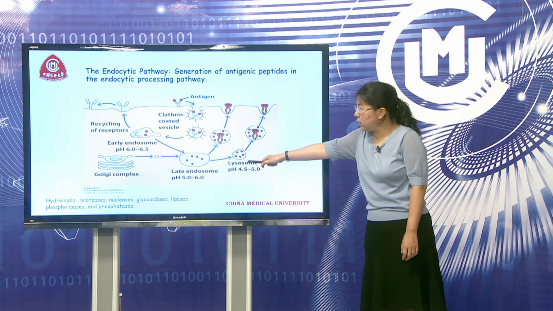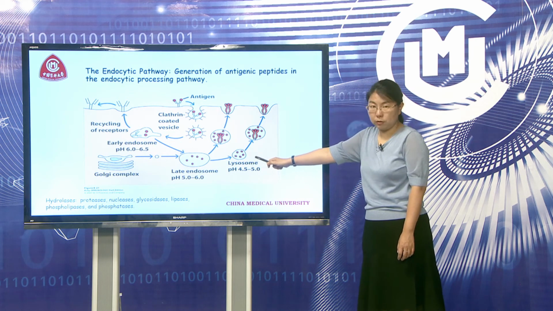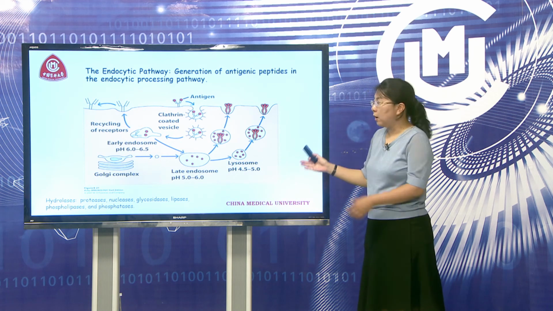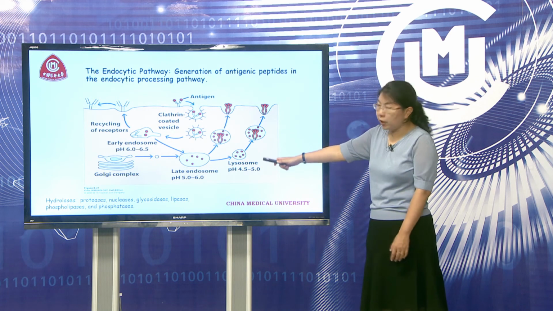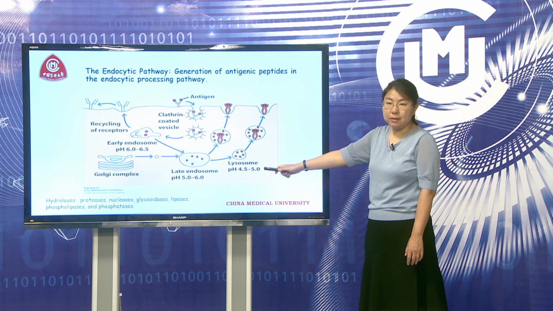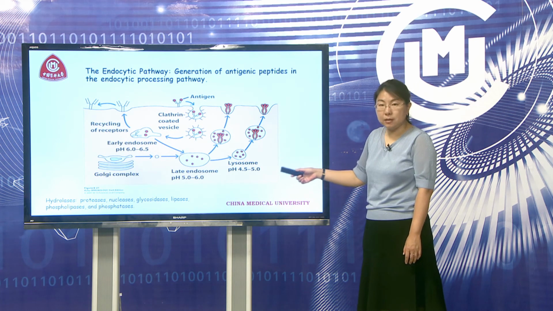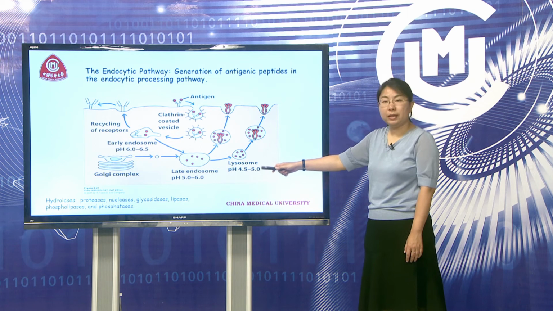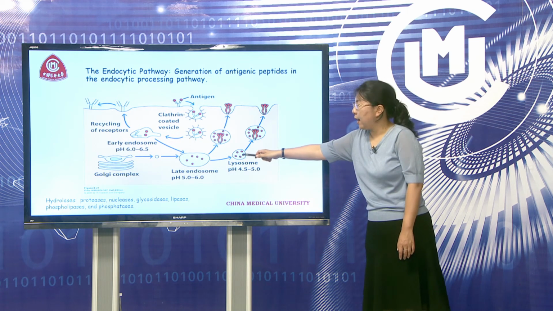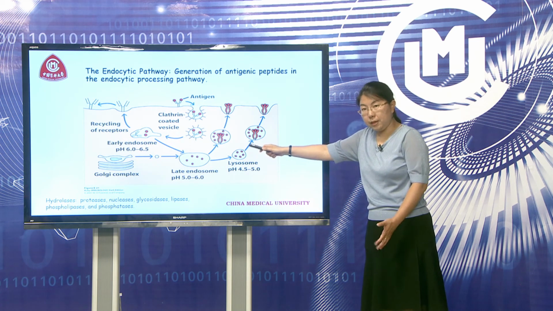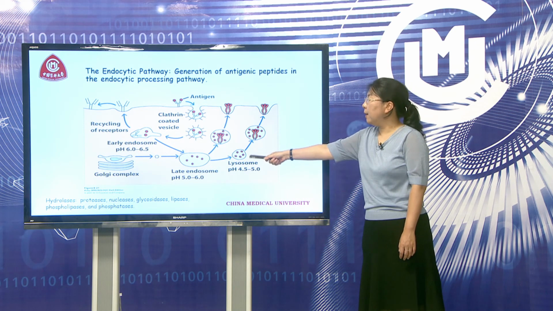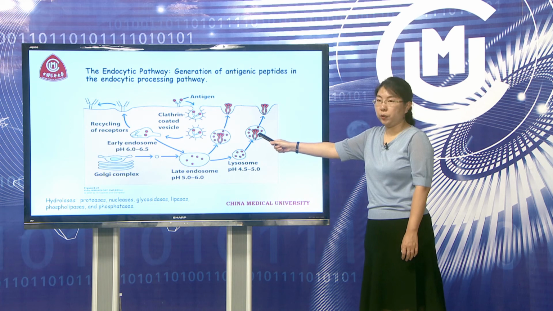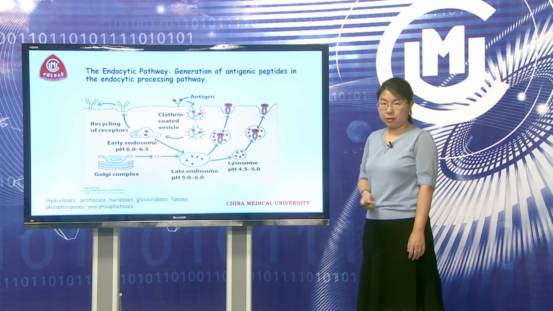So the endosome combines with the lysosome. In the lysosome, hydrolysis takes place, for example by proteases or nucleases. This hydrolysis degrades the antigen into small peptides. After that, this small peptide binds with MHC2 molecule and is presented on the cell surface.